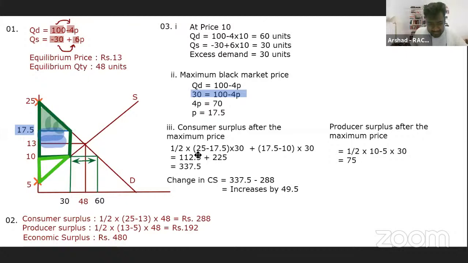Okay, guys. Some people are confused with the consumer surplus part. If you want to do the same thing, how do you find the area of a trapezium? If this is what is bothering you so much, you take the two heights. One height is 15, the other height is 7.5.